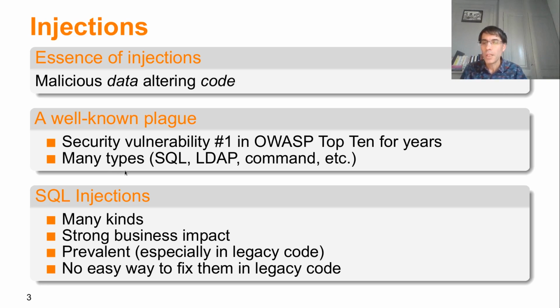Why? Because they usually have a strong business impact. There are a lot of kinds of SQL injections, and they're really prevalent, especially in legacy code, and there's no easy way to fix them in legacy code.